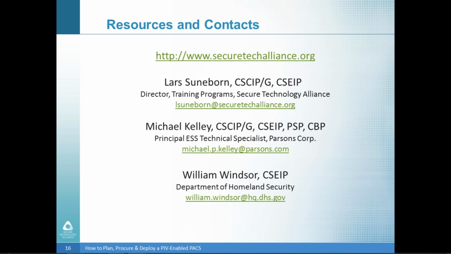One of the things that the PIV card provides that no other access control technology has ever provided is multiple authentication mechanisms, 1, 2, and 3 factor. So knowing where those factors are going to be deployed and how they're going to be deployed is part of the scope that you would do to mitigate some of your risks.